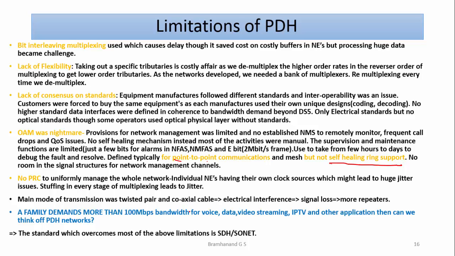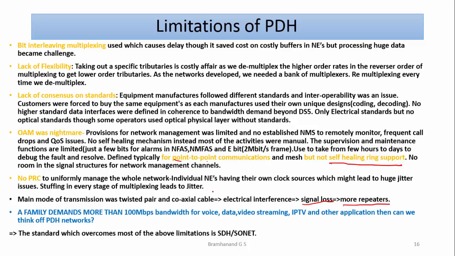And we know the main mode of transmission was through coaxial cable, electrical interfaces and microwave. We know that these media induce electrical interference. That being the case, there was a lot of signal attenuation which demanded more repeaters in the network.